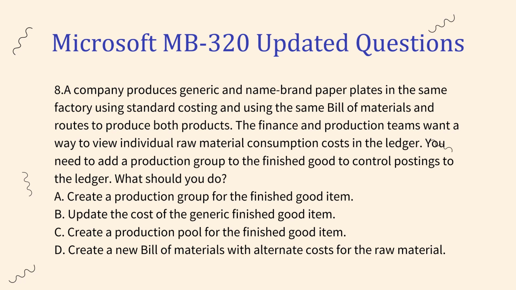A. Create a production group for the finished good item. B. Update the cost of the generic finished good item. C. Create a production pool for the finished good item. D. Create a new bill of materials with alternate costs for the raw material.